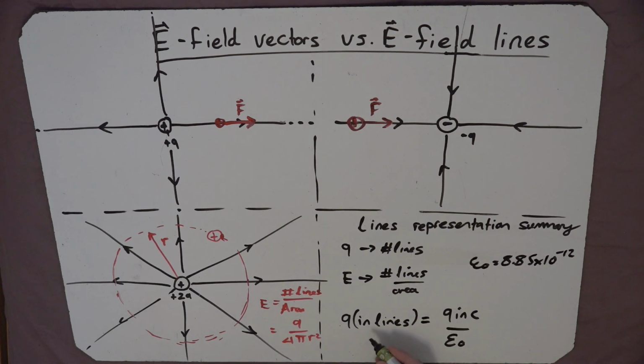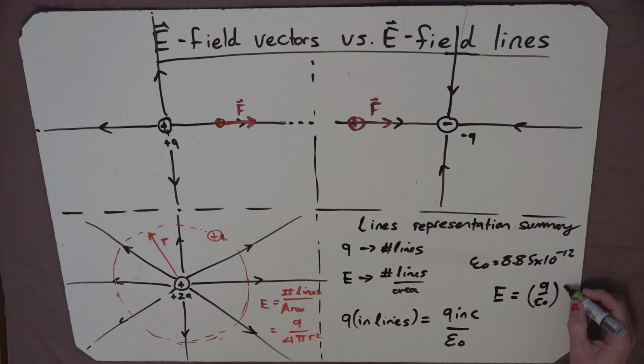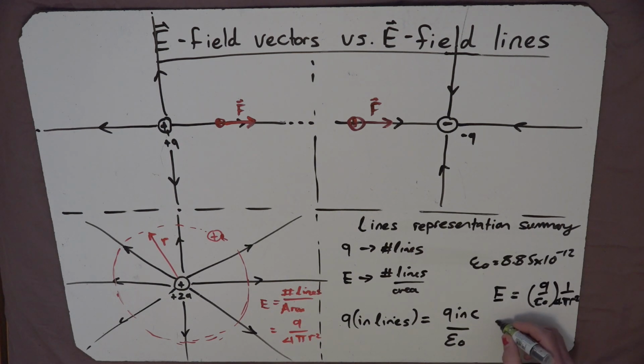So, in effect, the E field produced by a point source charge is equal to Q over epsilon 0 times 1 over 4 pi r squared, which is equal to 1 over 4 pi epsilon 0 Q over r squared, where Coulomb's constant K is equal to 1 over 4 pi epsilon 0.